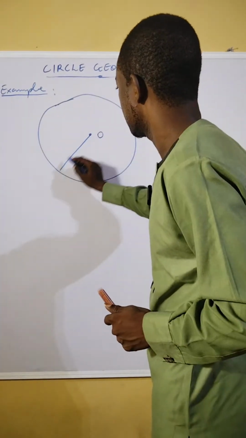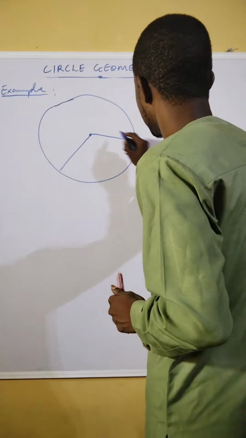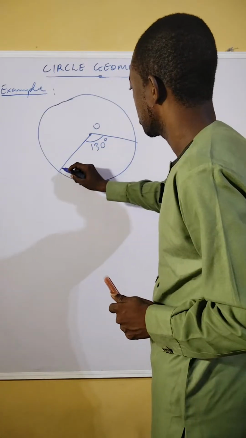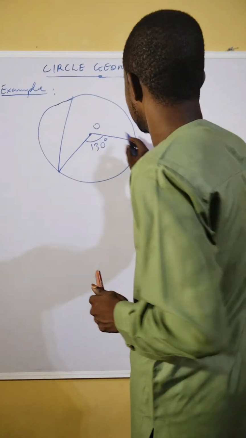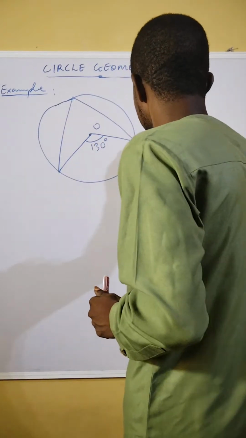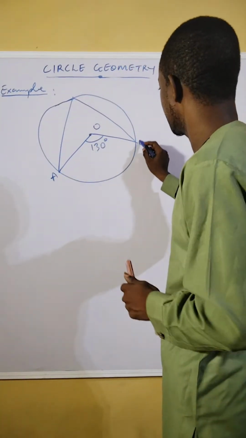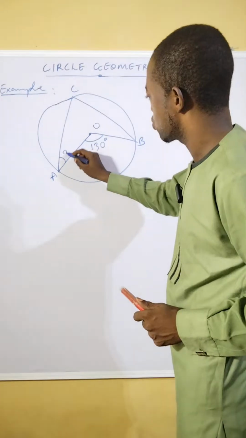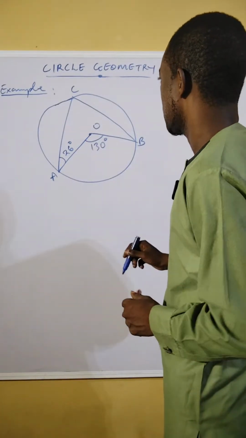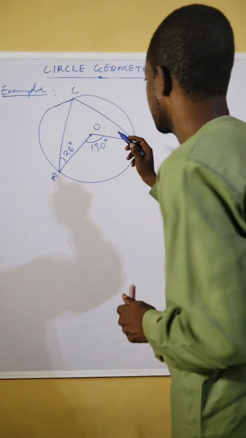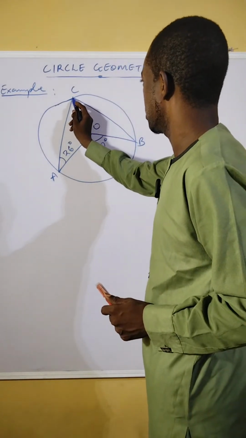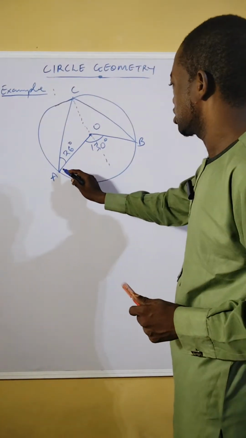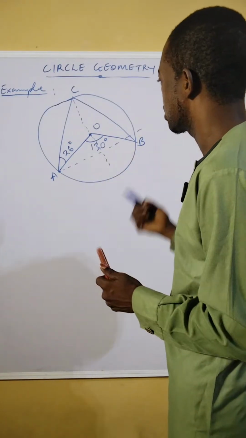Here we have the center, and this angle at the center is given to be 130 degrees. Here, this angle is at the circumference, and this point is labeled as A, this is B, and this is C. And we are given this angle here to be 26 degrees. And here there is a construction line that joins this point C to O and extended. And something like this is also put here. So this is just a distraction.